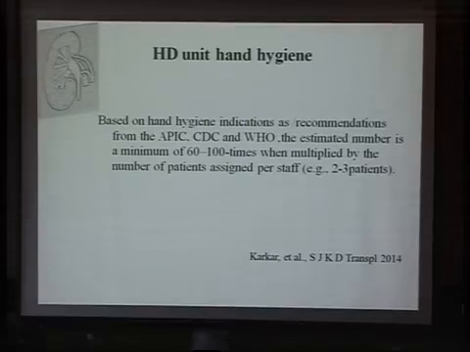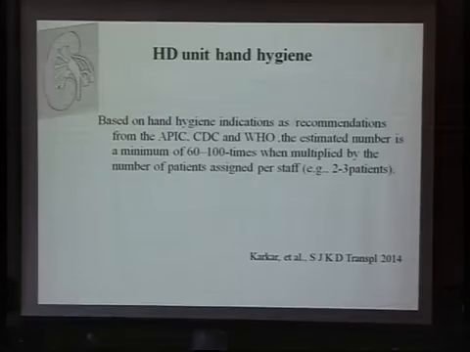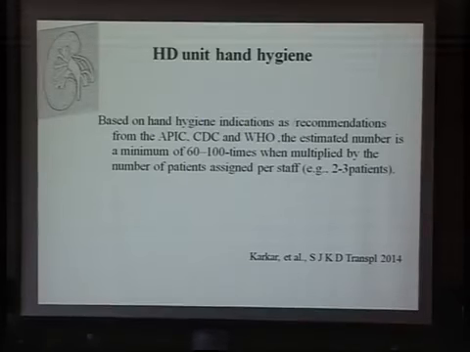It's too risky. How could I wash my hands this many times? But before reading this slide, most countries also reported lack of compliance with hand hygiene, and it reached from 80% to 40%. Why do you refuse to wash your hand? May I ask why?